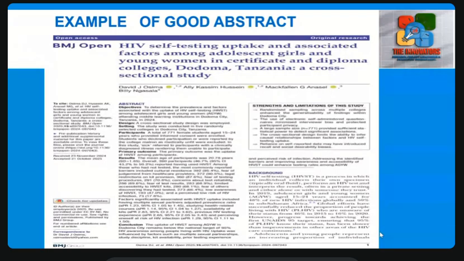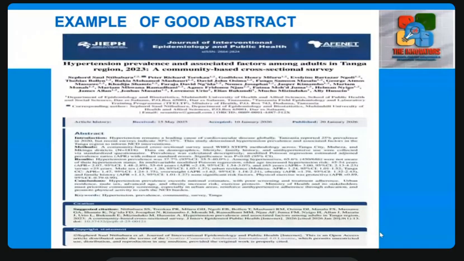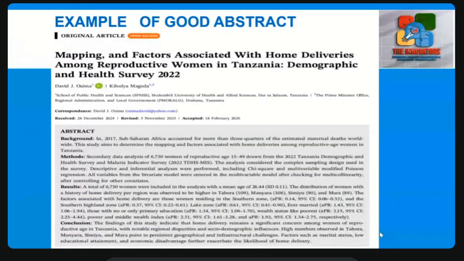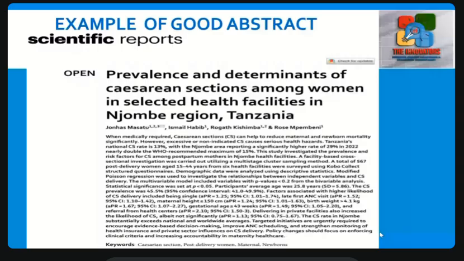So when you read these examples, you see different journals. This is from BMJ Open Journal, and this is from the Journal of Interventional Epidemiology and Public Health, and this is from BMC Journal, and this is from Scientific Reports Journal.